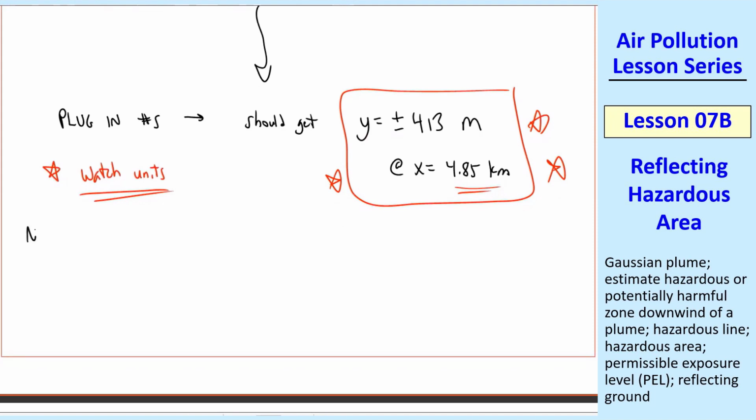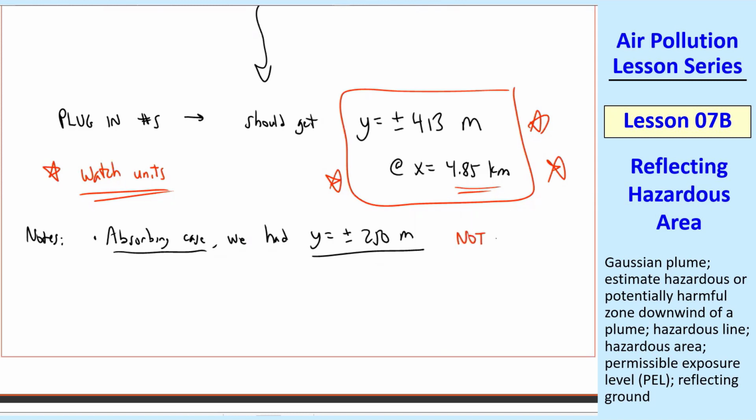A couple comments or notes. First of all, let's compare this to the absorbing case that we did last time. We had 250 meters for the absorbing case. Now we have 413. So my first comment is this is not a factor of 2, even though the reflecting ground has a factor of 2, and we're doing this at ground level.